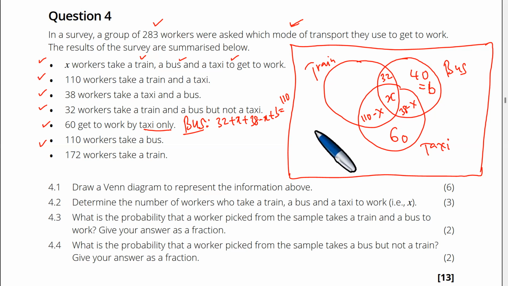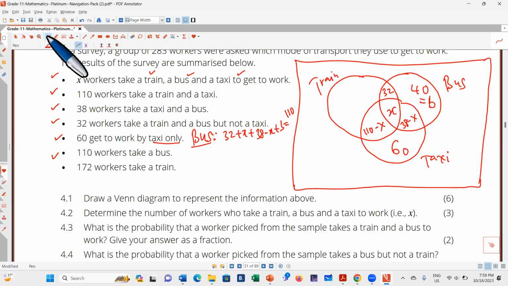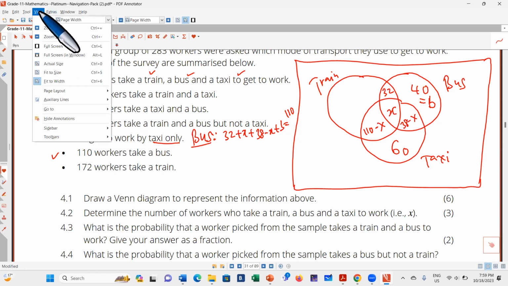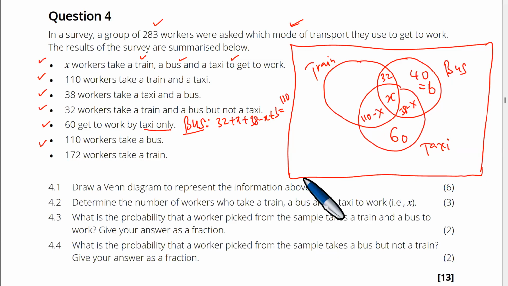We're doing probability, but Venn diagrams. So tomorrow we continue with more things and more subjects. Now we're dealing with the bus. With the bus, you have 32 plus x, 38 minus x, and then we have the small b.